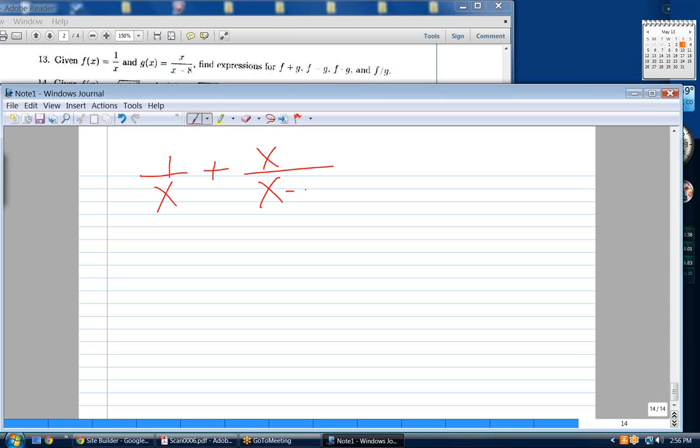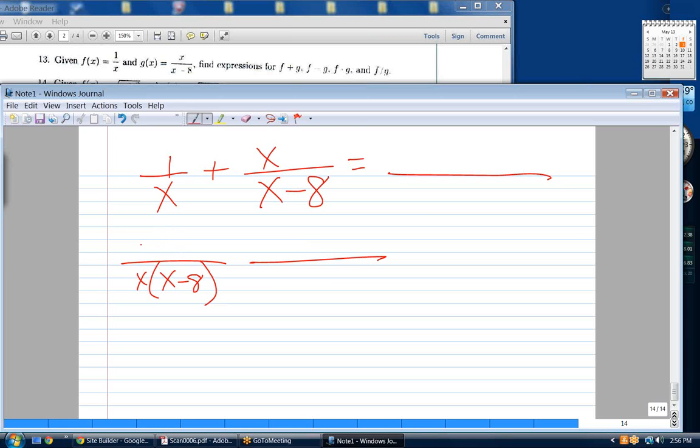Okay, just for giggles, let's do that. And then you multiply the... What's the common denominator going to be? X squared minus 8x. X times x minus 8. That'll be the common denominator.